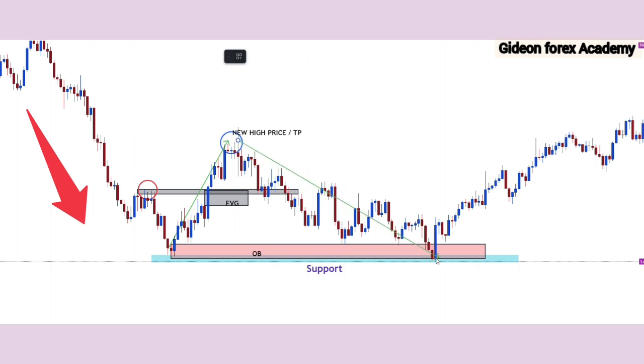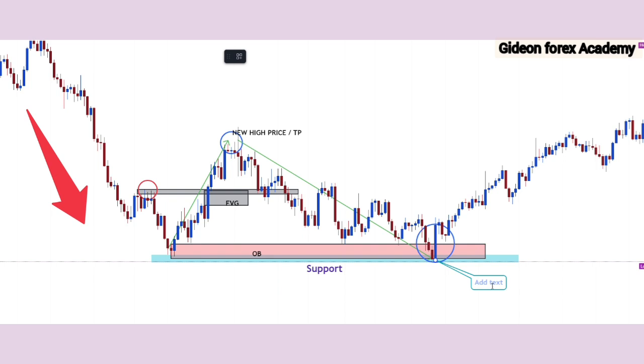We can see this move down to the order block, and when the order block has been closed off, we are waiting for a confirmation to buy. At this point, we see this bullish engulfing candle, which would be our confirmation for a buy.